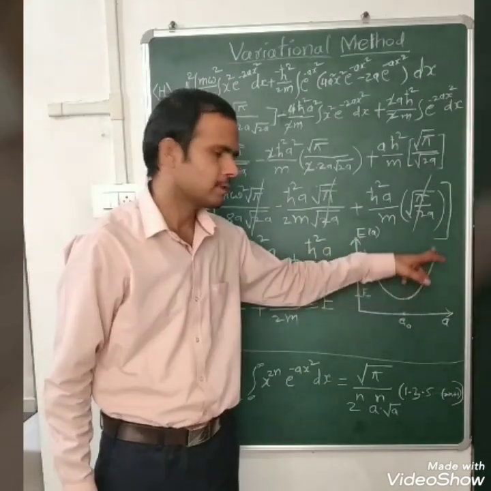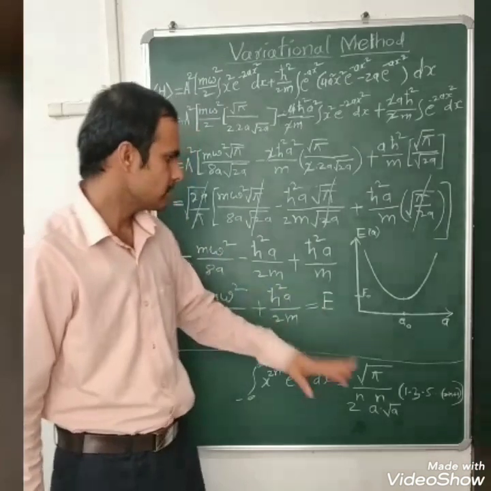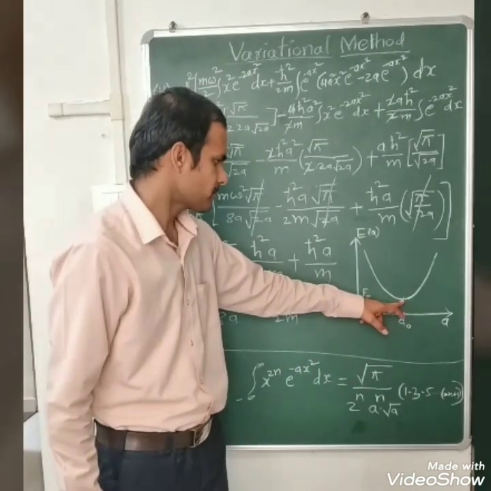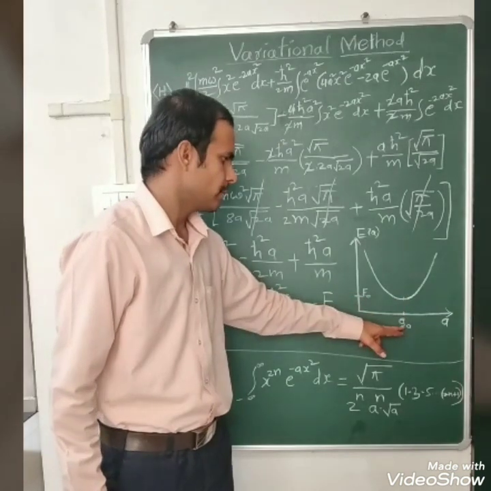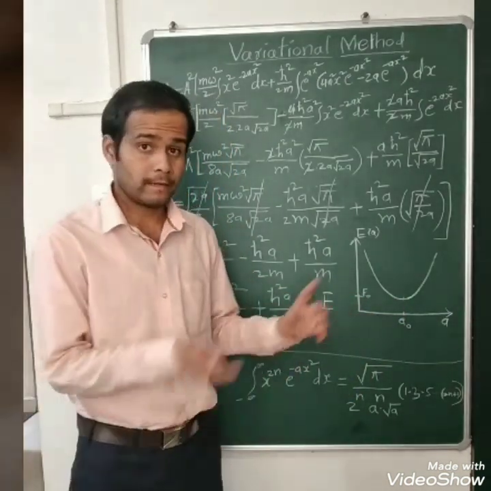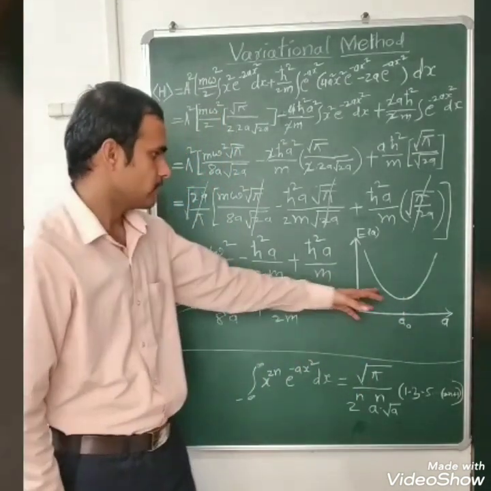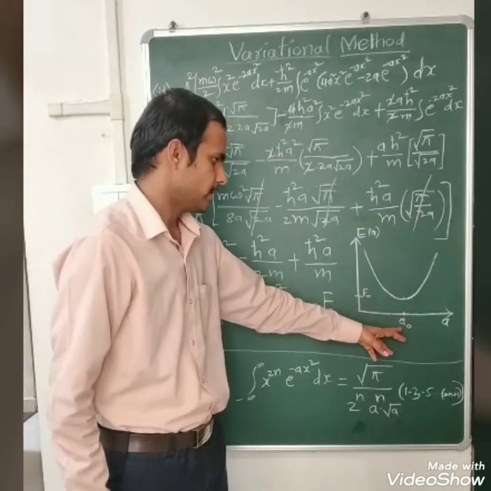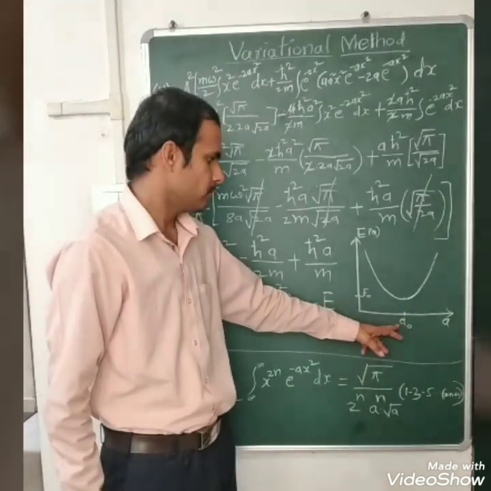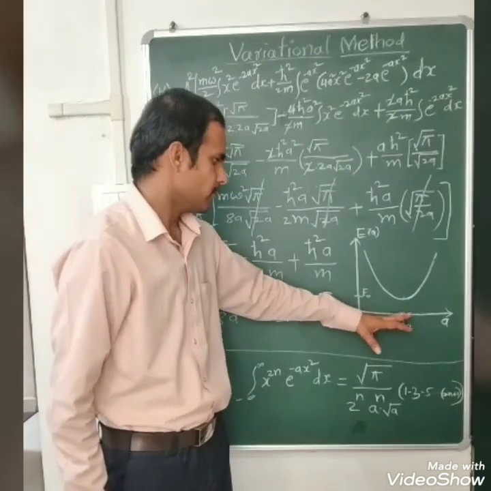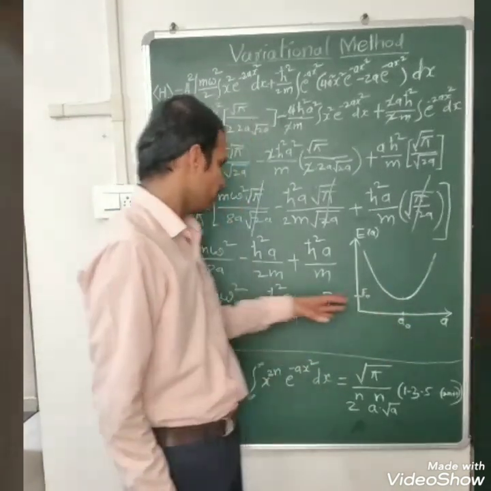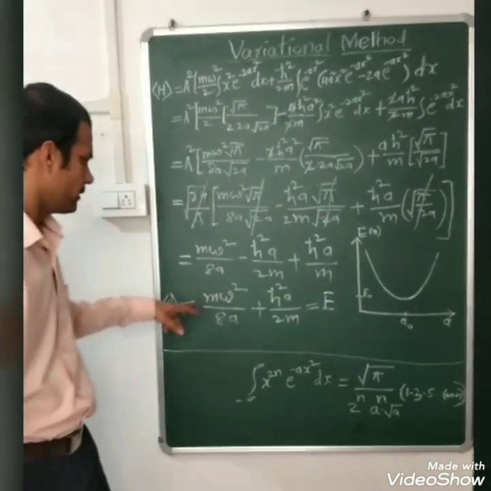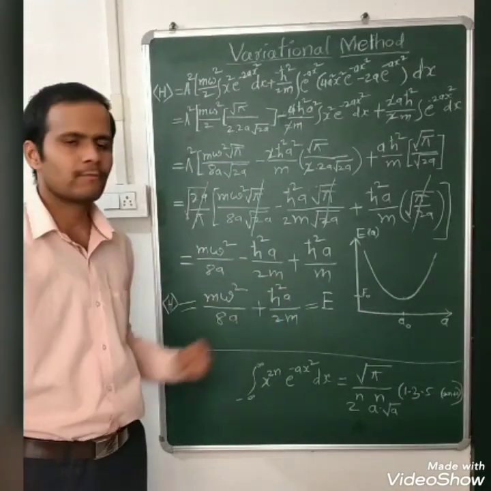This value of A0 can be obtained by minimizing E. That is, at this point of minimum energy we get A0, and if we get the value of A0, then we can substitute it into our equation.